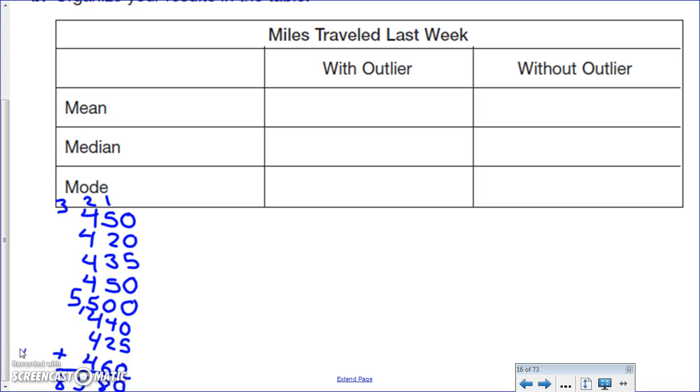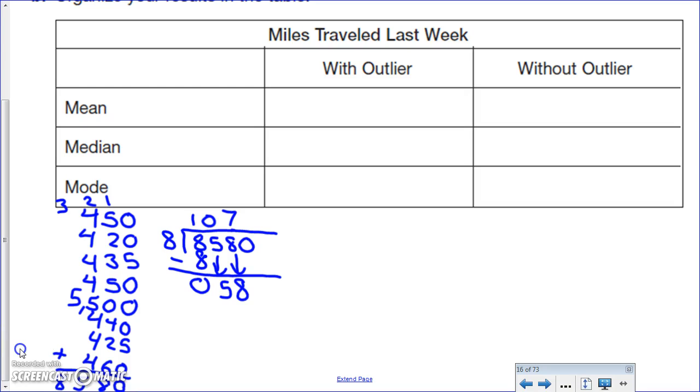Now we need to divide it by 8 because we have 8 data points. So 8 goes into 8 once. And then we bring down the 5. 8 cannot go into 5, so we need to put a 0 up above, and then bring down an 8 next to it. 8 goes into 58 7 times. Subtract 56.